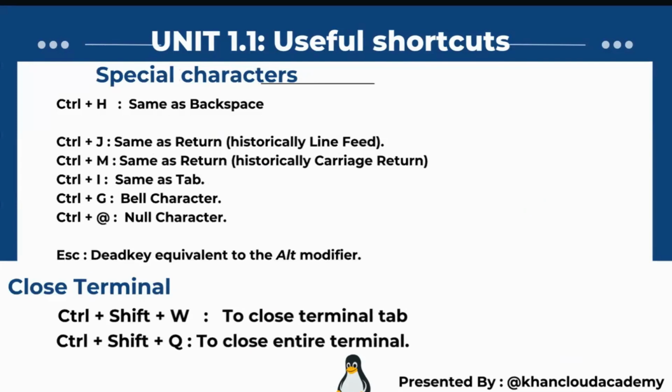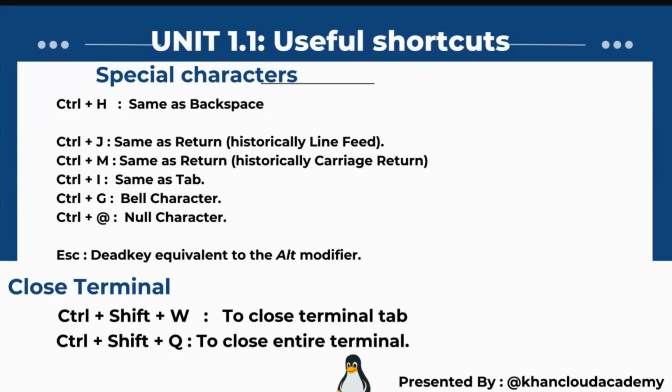Special characters, how are you going to use them? Control H is the backspace, same as backspace. Control M is the same as return, historically carriage return. Control I is the same as tab. Control G is the bell character. Control @ is the null character.